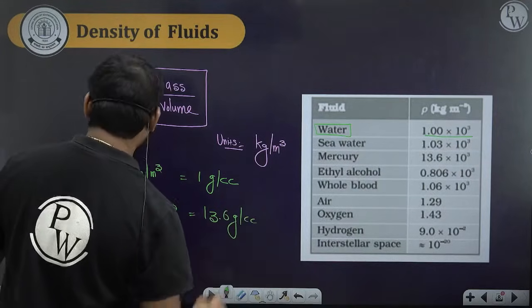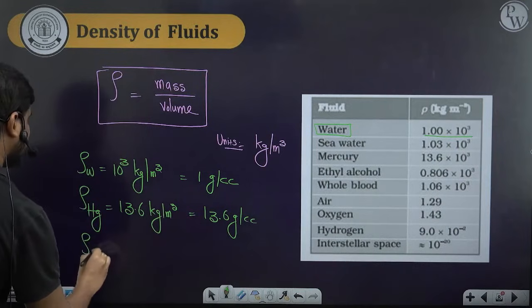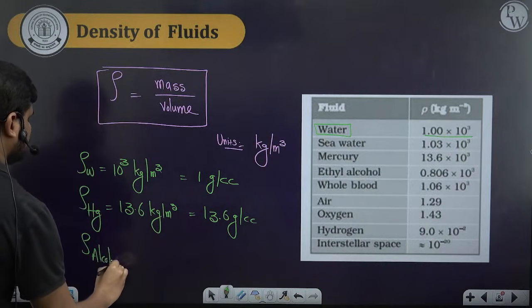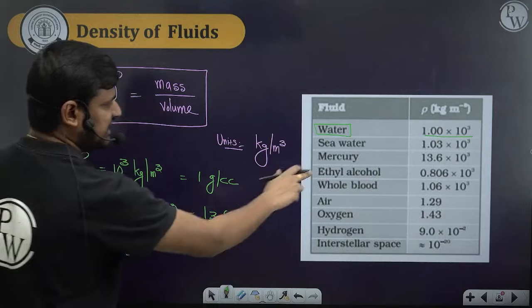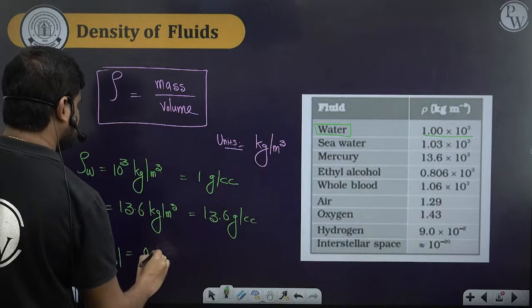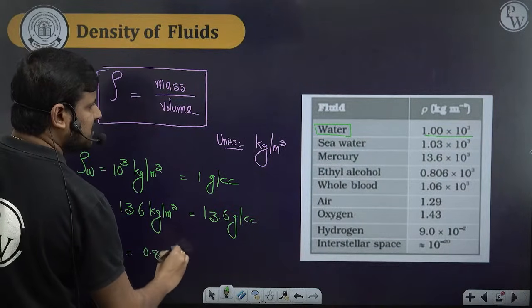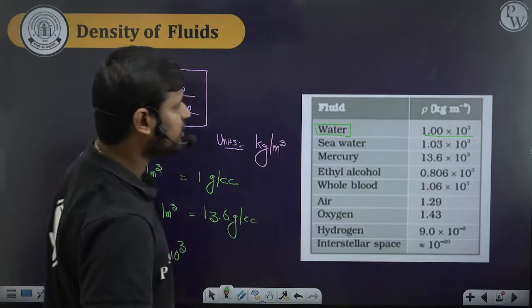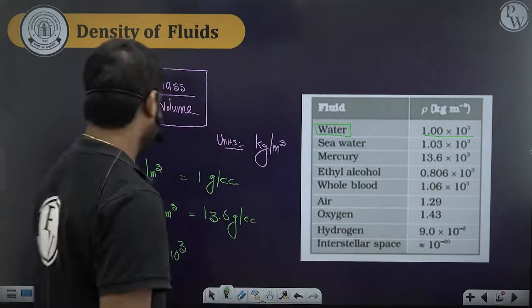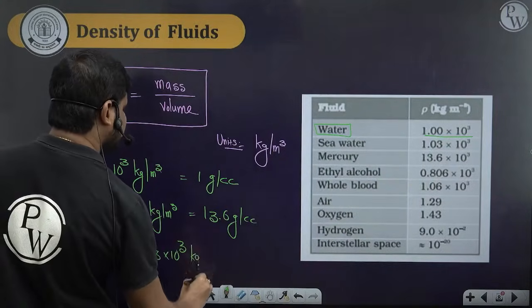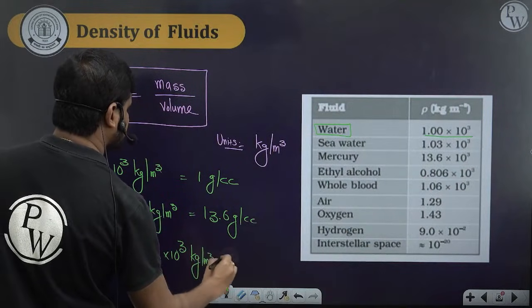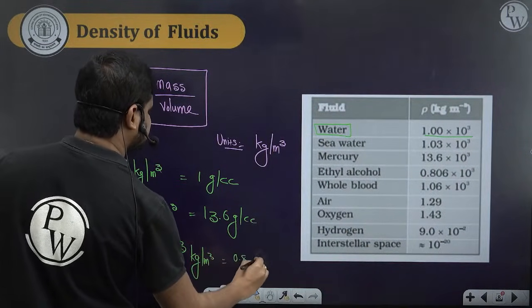One more thing you have to remember: for alcohol, here ethyl alcohol is mentioned, which is 0.8 into 10 to the power 3 kg per meter cube, or we can also write it as 0.8 gram per cc.